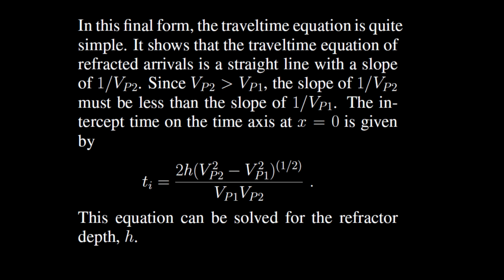It shows that the travel time equation of refracted arrivals is a straight line with a slope of 1 over VP2. Since VP2 is greater than VP1, the slope of 1 over VP2 must be less than the slope of 1 over VP1. The intercept time is obtained by setting x equal to 0 in the travel time equation.